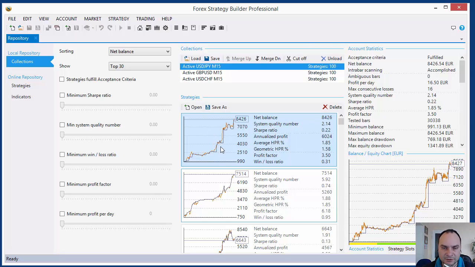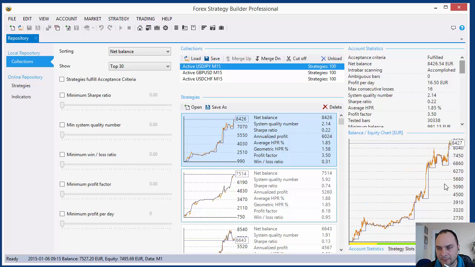What is that strategy? It doesn't look very good. I see here it has a small number of deals, and how many days is this? This starts somewhere on the 17th of October and closes somewhere on the 17th of November.